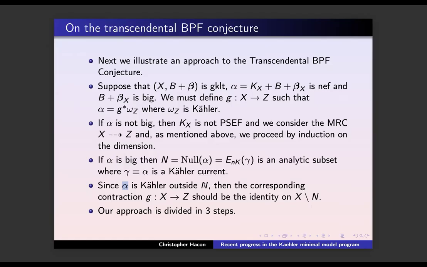And in fact, what I'm trying to do is contract all alpha trivial curves on the null locus. Now, philosophically, why should I expect that I can contract the null locus? From the previous calculations that I showed you, each component of the null locus tends to have the canonical class non-pseudo-effective.